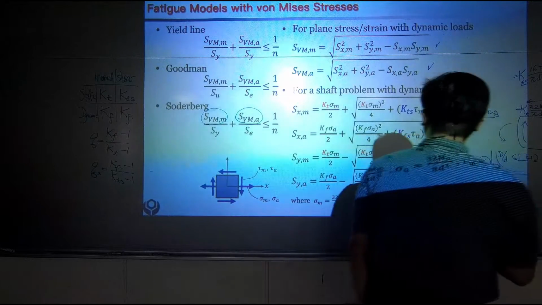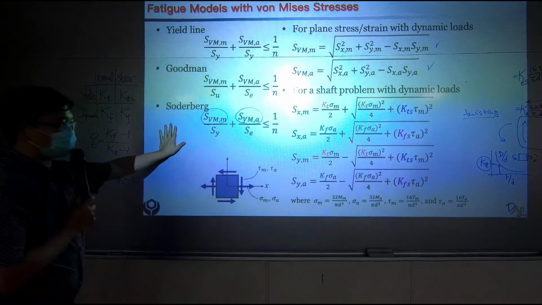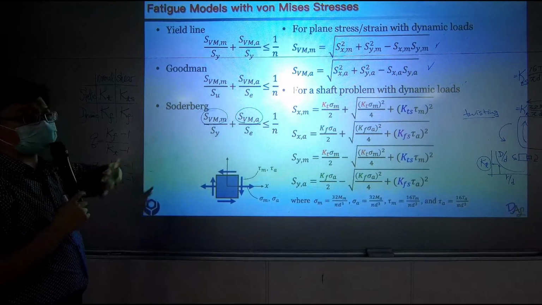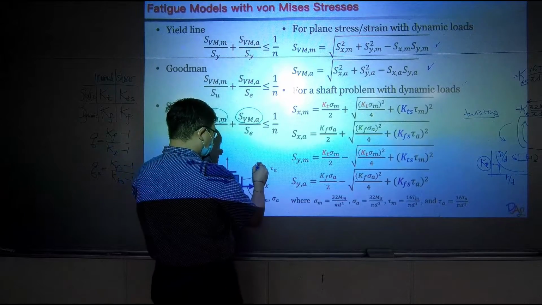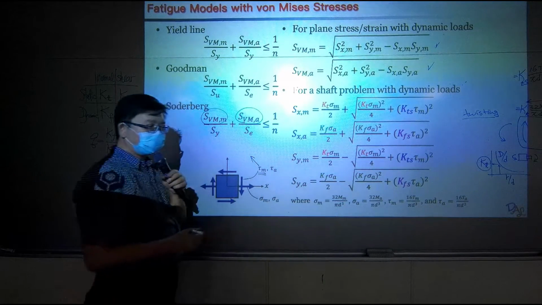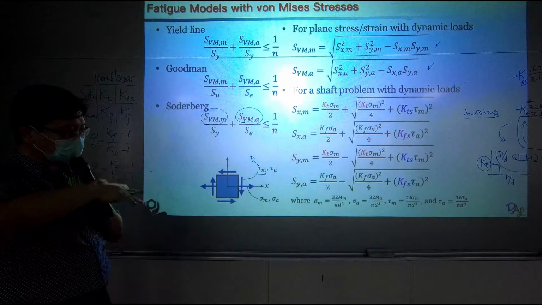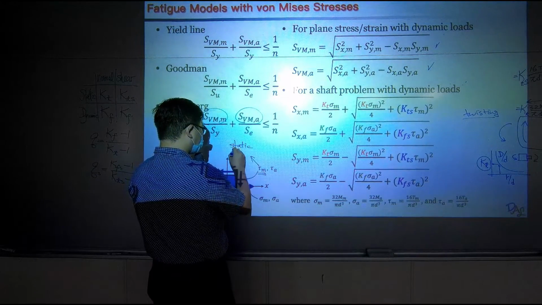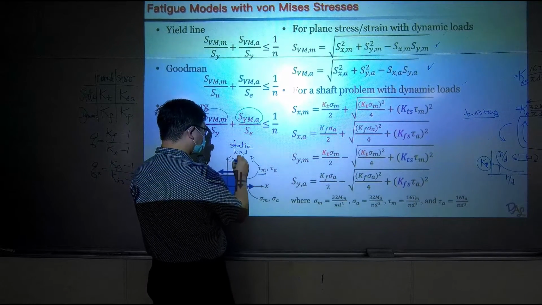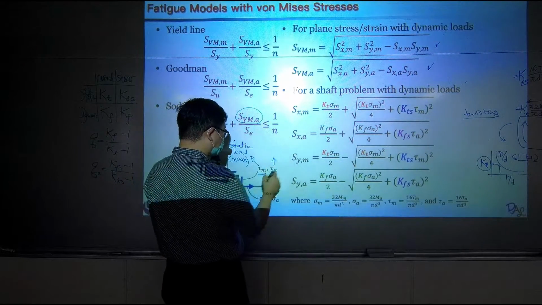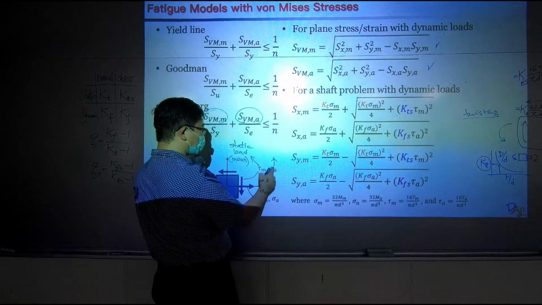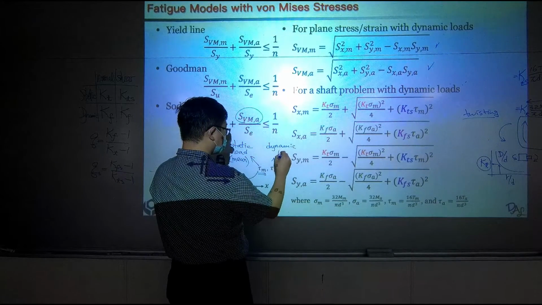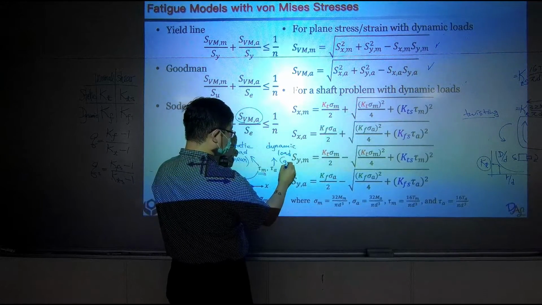Because we separate the dynamic loading condition into two, we consider the mean value part of the dynamic loading as a static load, because it's just a mean value. And we consider the amplitude part as a dynamic load because of the amplitude.